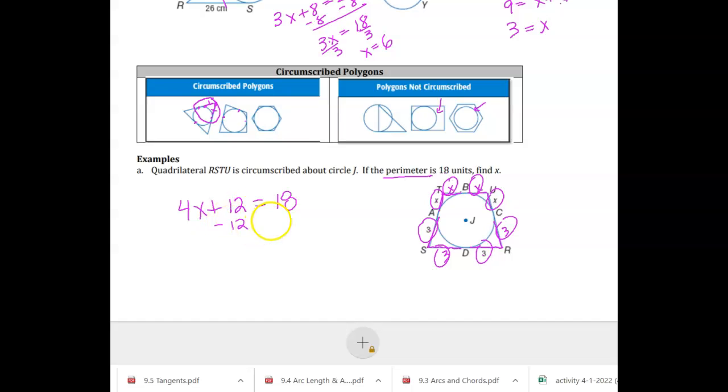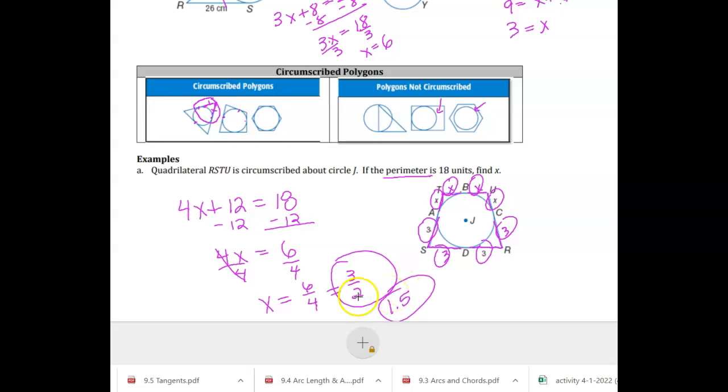So if we subtract 12, we get 4x equals 6. Divide by 4. And this doesn't go in evenly, but it's a nice fraction. So we get 6/4, which, dividing both by 2, is 3/2, or 1.5. Okay. All right, go ahead and give your practice a try, and good luck.